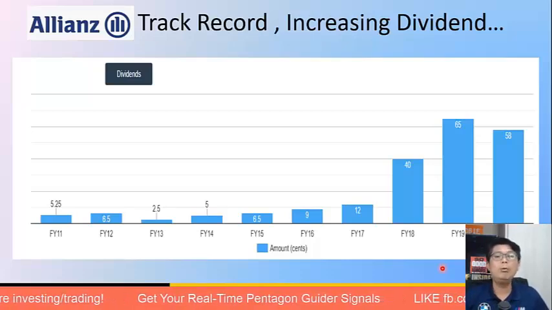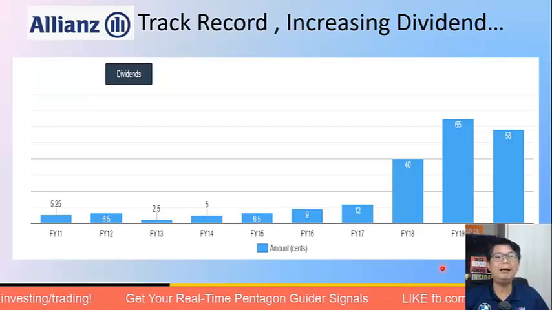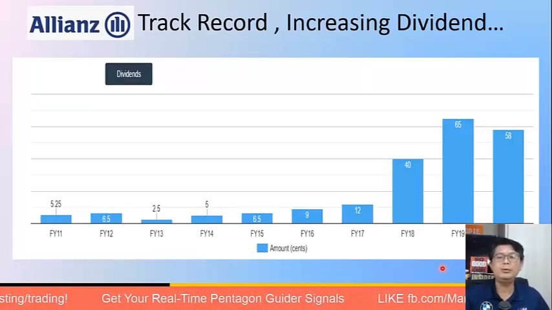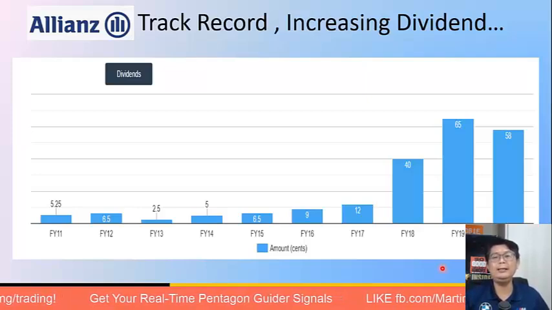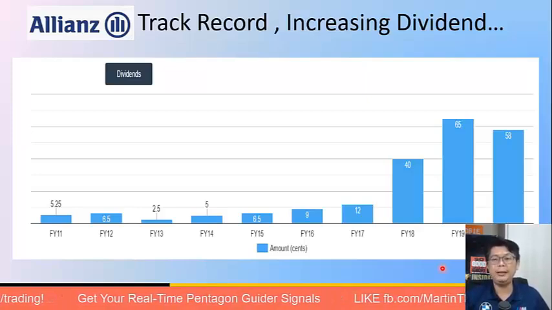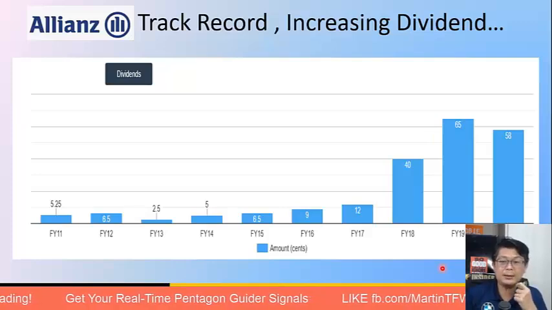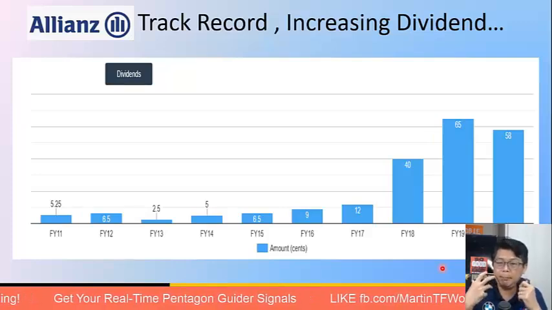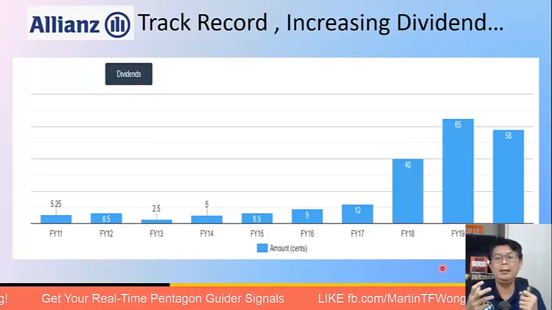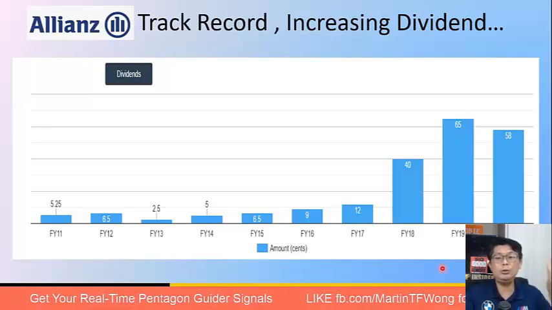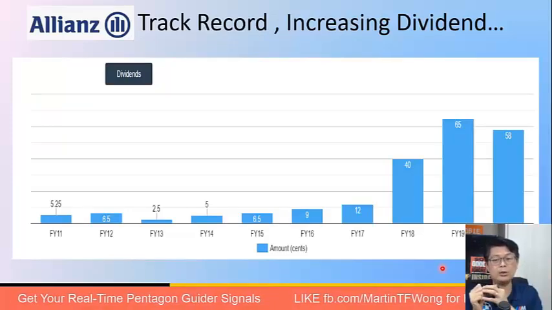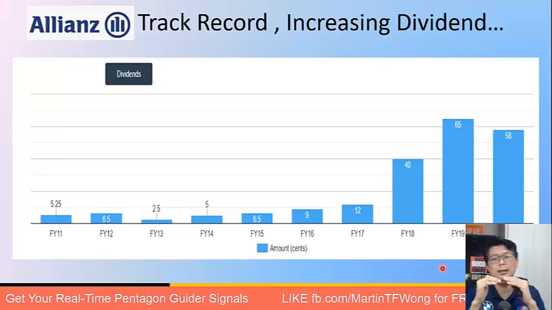But having said that, you can see from 2011 it was consistent until 2015, started to increase, and FY18, that's where they have a jump and they maintain. Because some of the large companies, once they start to pay big dividends, they want to maintain that. When they maintain that, institutions will normally come in and buy and hold their stocks. That's why their stocks are good.